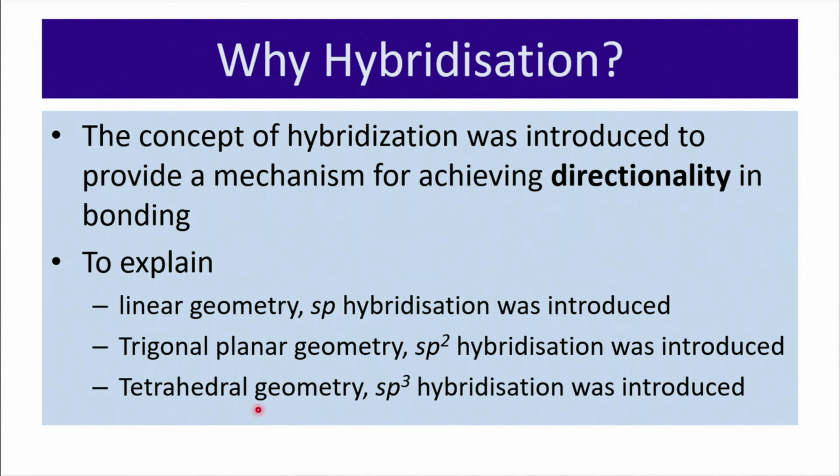And when we talk about tetrahedral geometry, sp3 hybridization was introduced to explain the bonding in molecules like methane, which have tetrahedral geometry. One thing you have to keep in mind is that hybridization does not lead to geometry, but to explain the geometry we use hybridization.